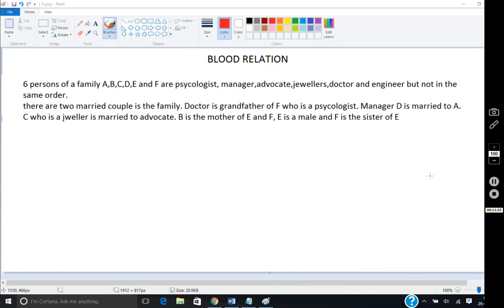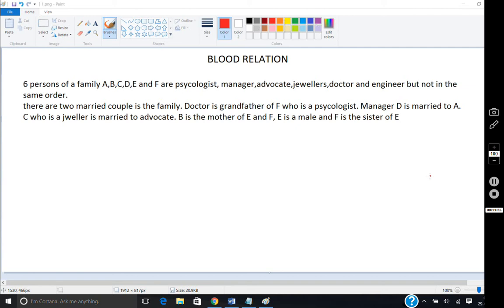So let's take a little bit more difficult question. Actually this is a puzzle. Six persons of a family A, B, C, D, E and F are psychologist, manager, advocate, jeweler, doctor and engineer, but not in the same order.